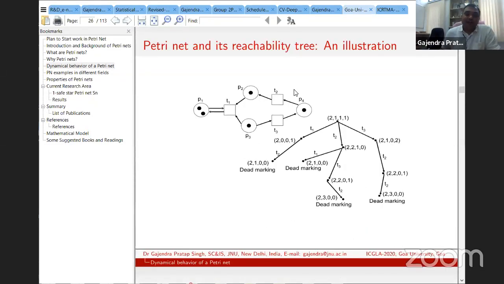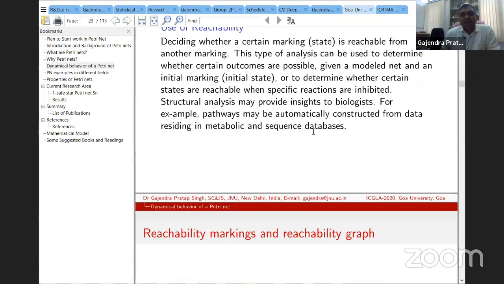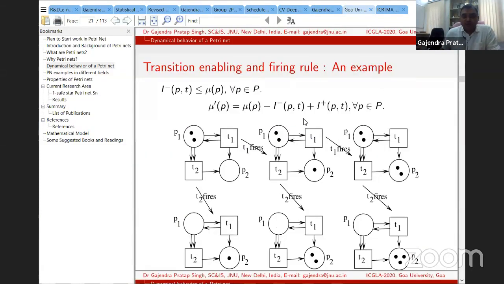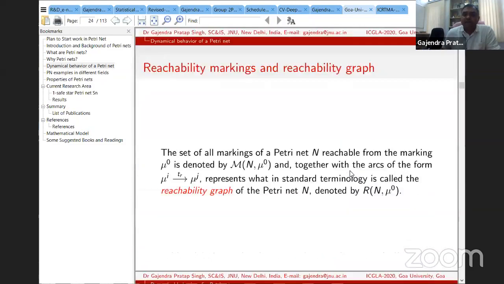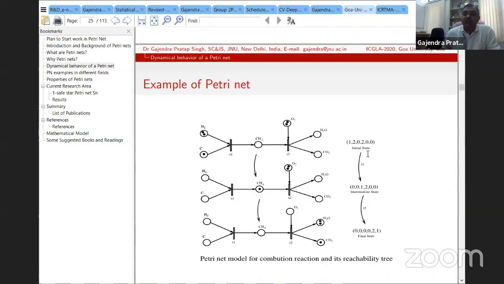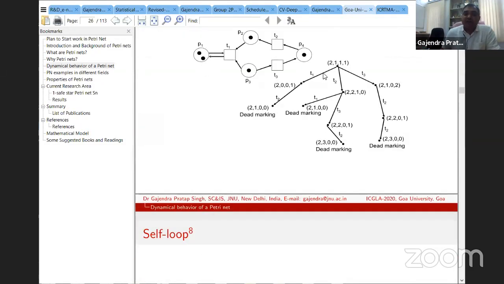Before that, this is the Petri net, and this is the reachability tree. We can express all these possible states in the form of a tree, where the nodes are the markings. The initial marking is 2 1, with place P2 consisting of 1 token.